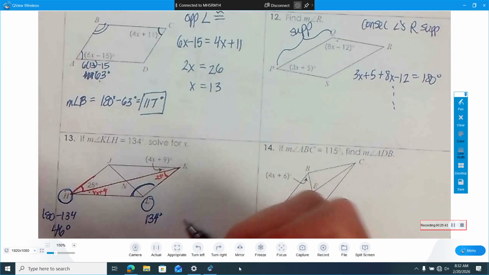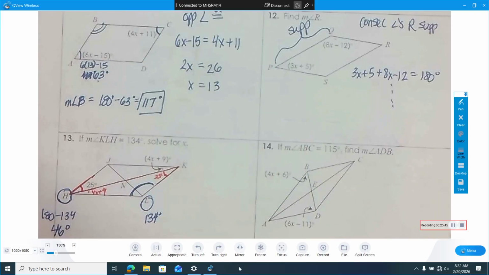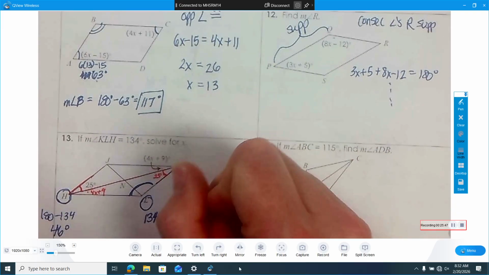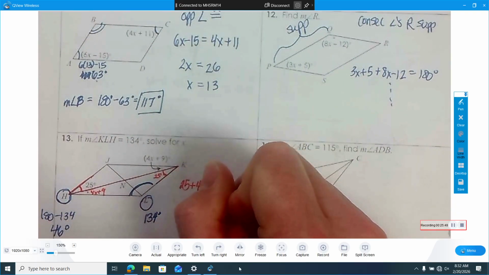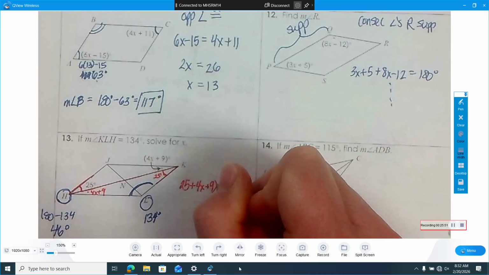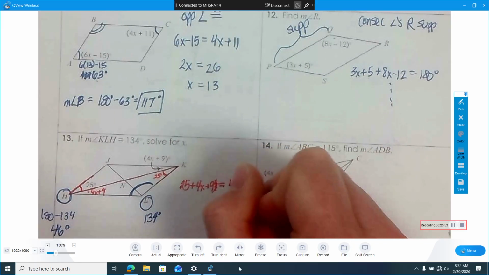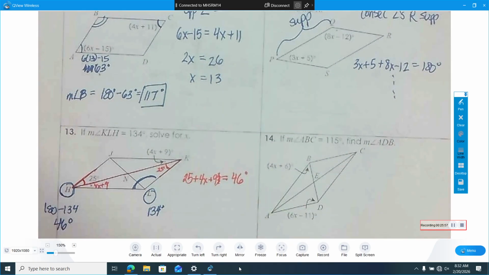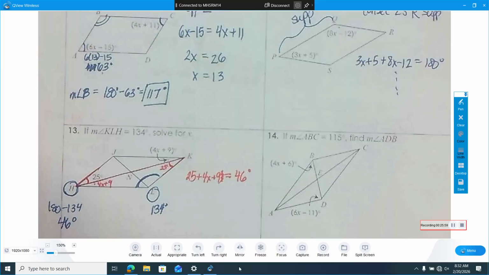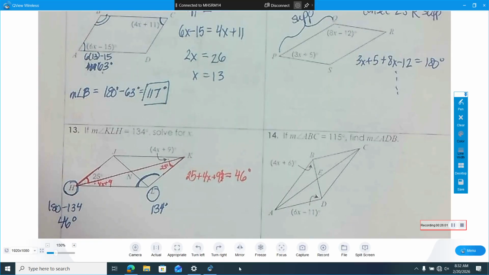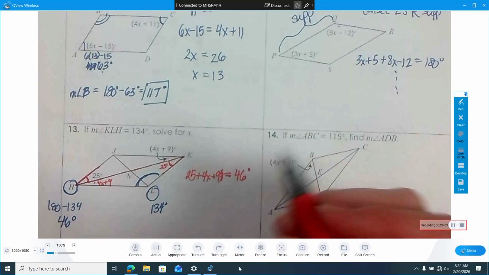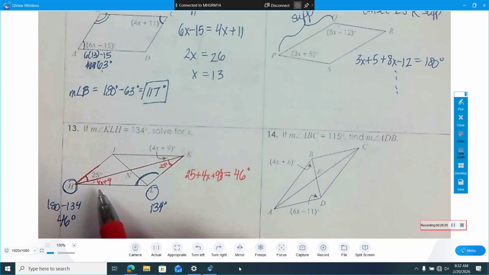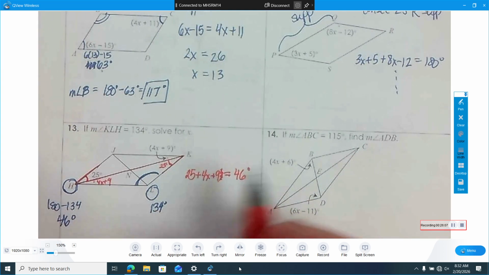So Maggie said we could do 25 plus 4x plus 9 equals that 46 degrees. Those are all alternate interior angles. That's really good. That works. Yeah, that's the 4x plus 9.